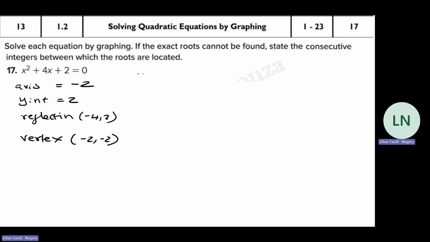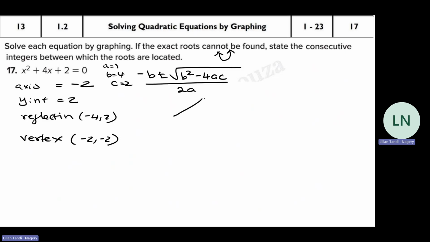And then I did the quadratic formula. My A is 1, my B is 4, my C is 2, my graph will open upwards, and my solutions were negative 0.58 and negative 3.41.